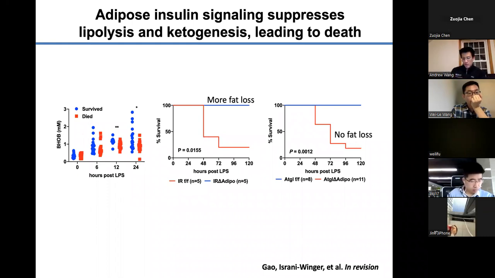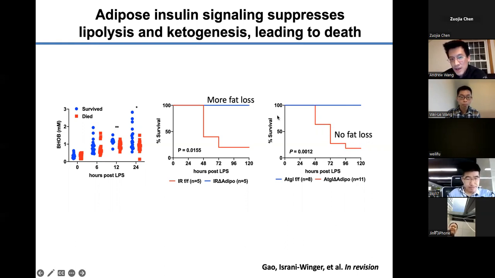And in a brute force approach, to test whether we could genetically recapitulate these findings in extreme examples, we made mice in which we could, inducibly and in a tissue-specific way in adipocytes, force more fat loss by making them insensitive to the suppression of lipolysis by insulin, and also make them unable to release their fat mass.